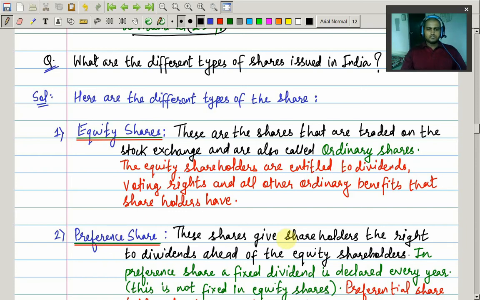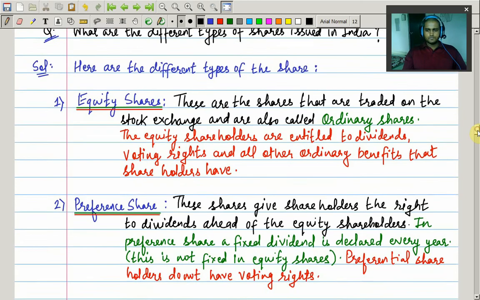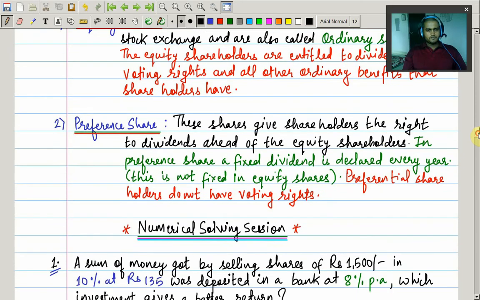Preference shares. These shares give shareholders the right to dividends ahead of the equity shareholders. So preference shareholders will get first preference while receiving profit or dividend.